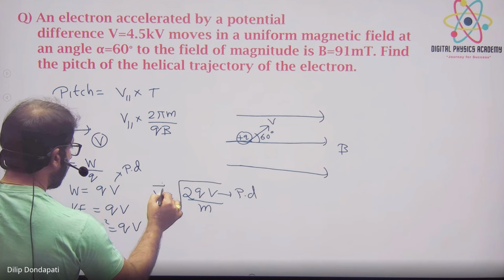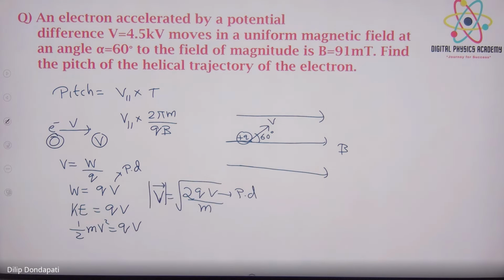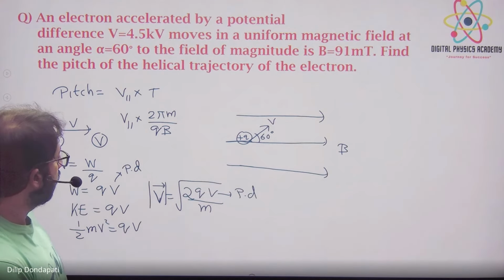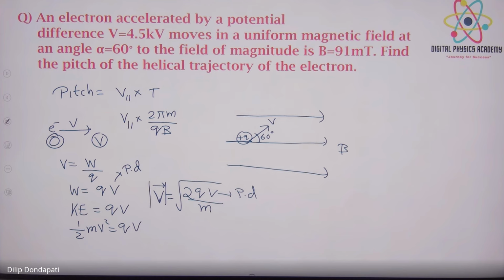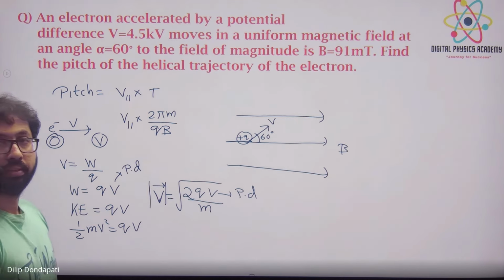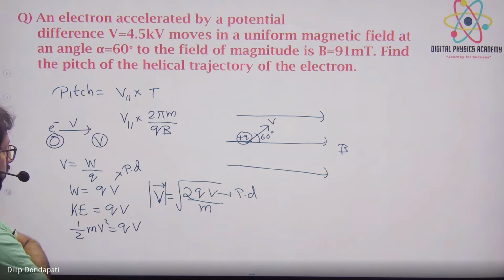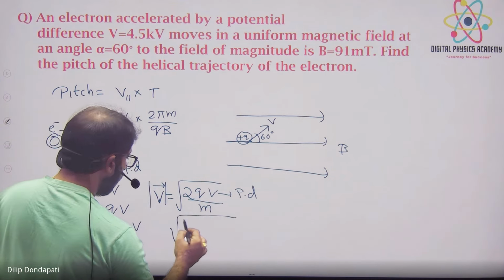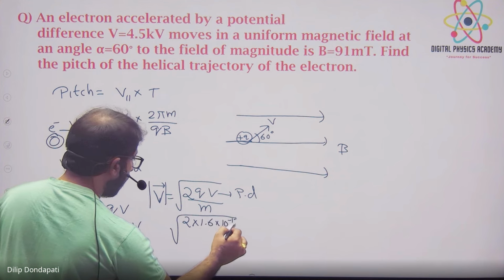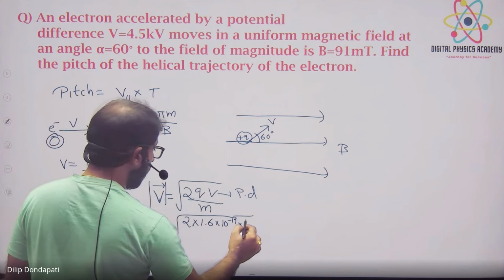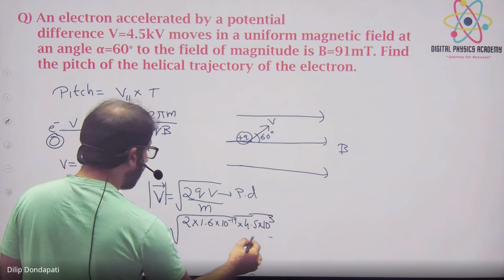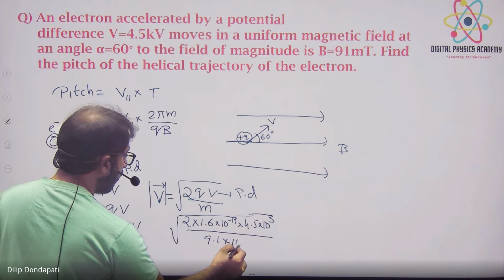Now find the magnitude of its speed by substituting. So, square root of 2 into 1.6 into 10 to the power of minus 19 into the potential difference, which is 4.5 kV, so 4.5 into 10 cube, upon the mass, which is 9.1 into 10 to the power of minus 31 kg.